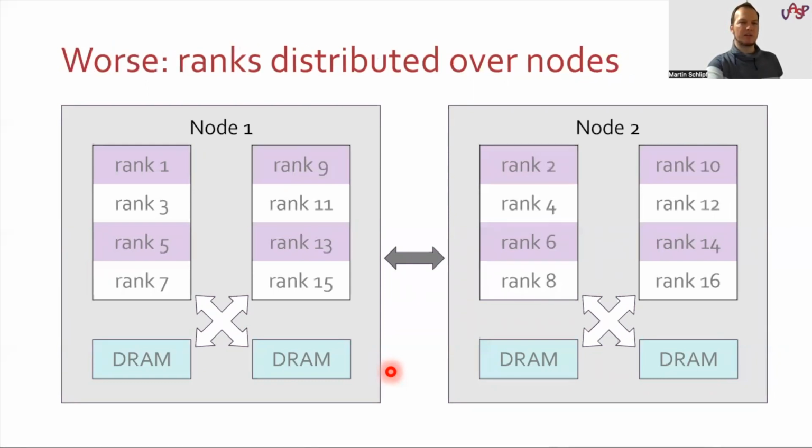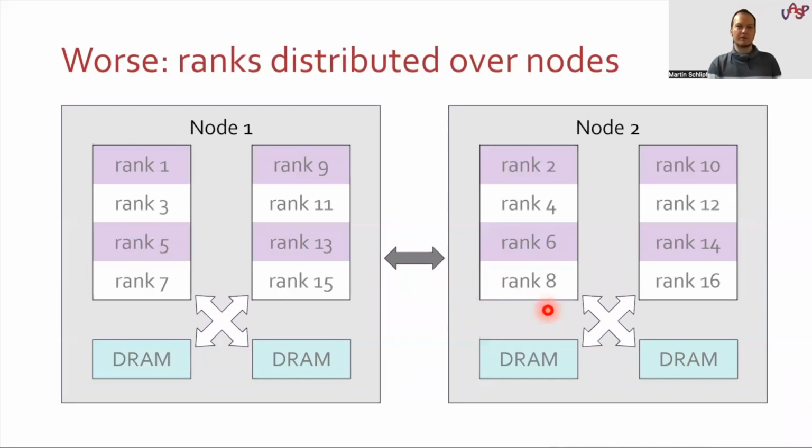There's even a reverse scenario, where you distribute the ranks over nodes first and then within the packages. If you encounter this setup, you would probably not even see a real speedup if you use NCore 2, because that would then go directly to performing the FFTs over this interconnect.